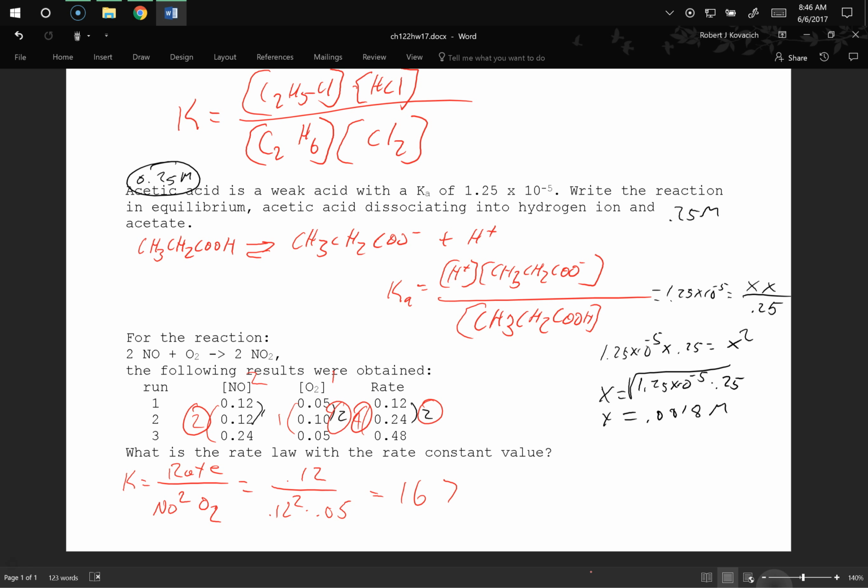So then my rate law will be rate is equal to 167 NO squared O2 to the first. Are we good with that?